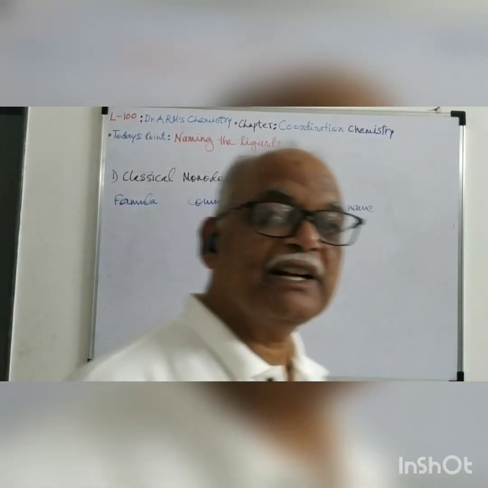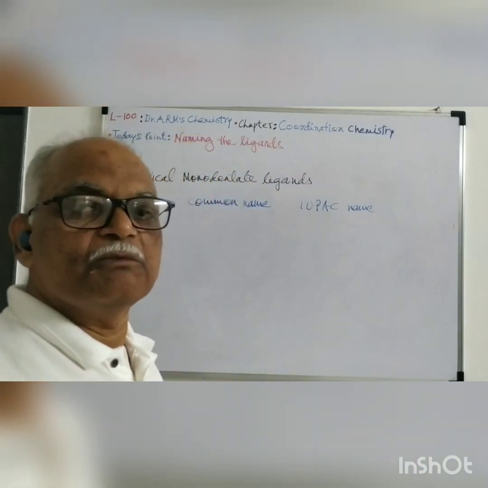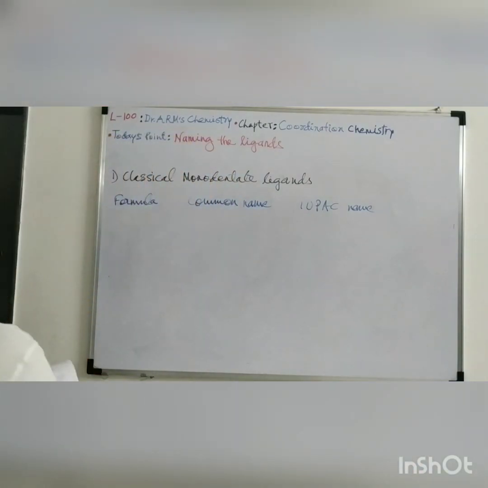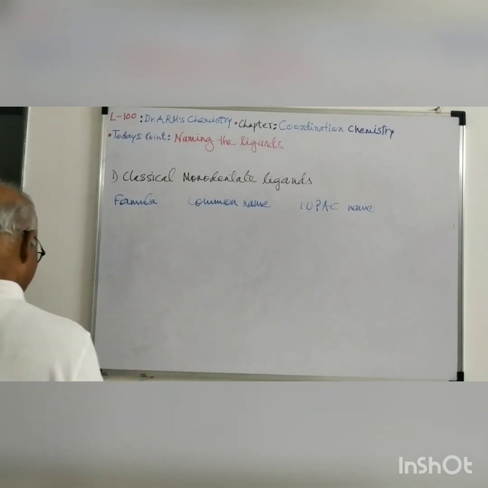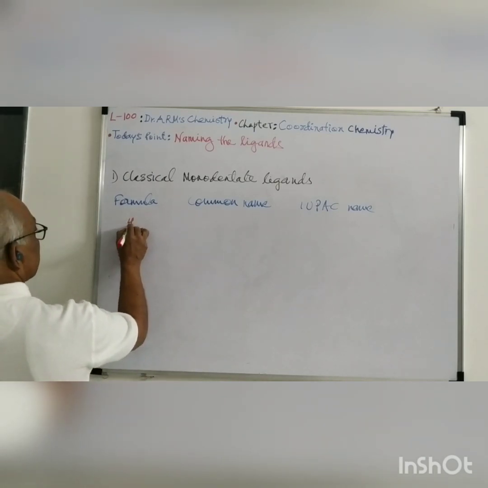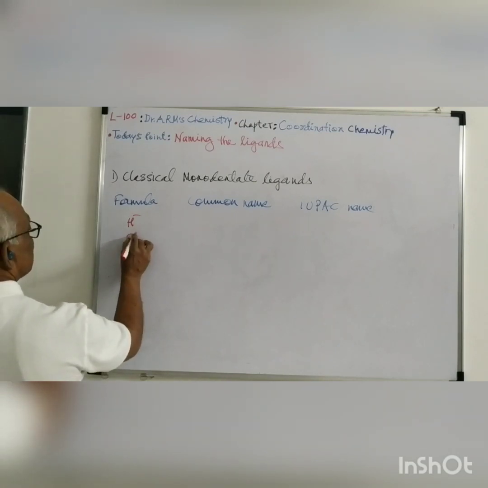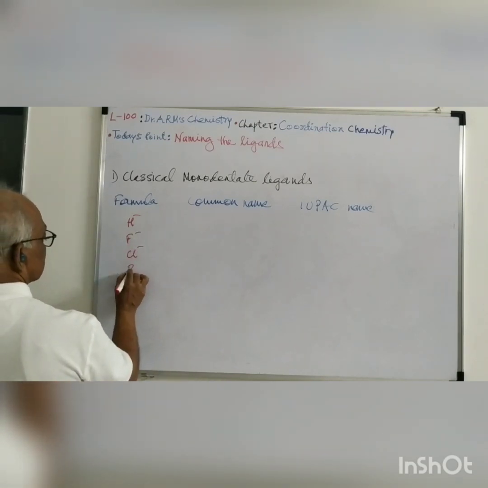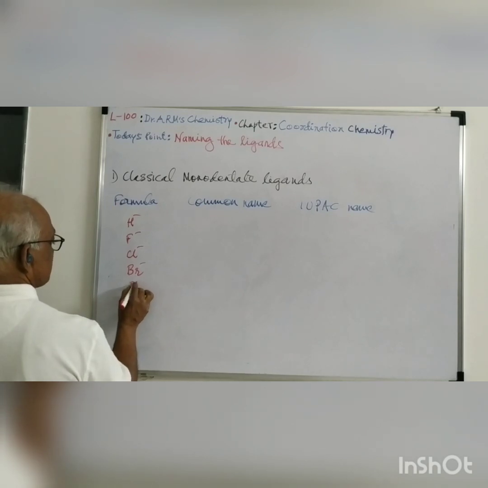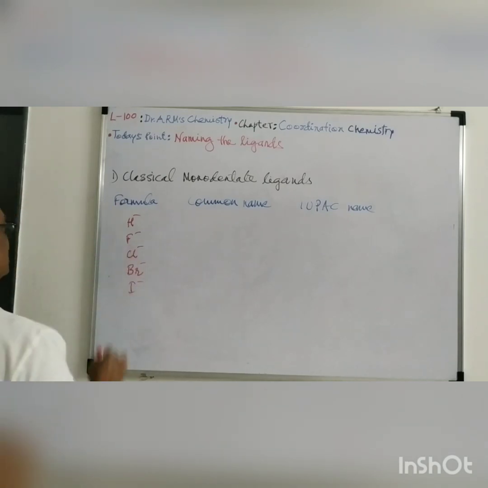So if we first write the formulae of these ligands, first is H minus, then we can have F minus, Cl minus, Br minus, I minus. So these are the halides.